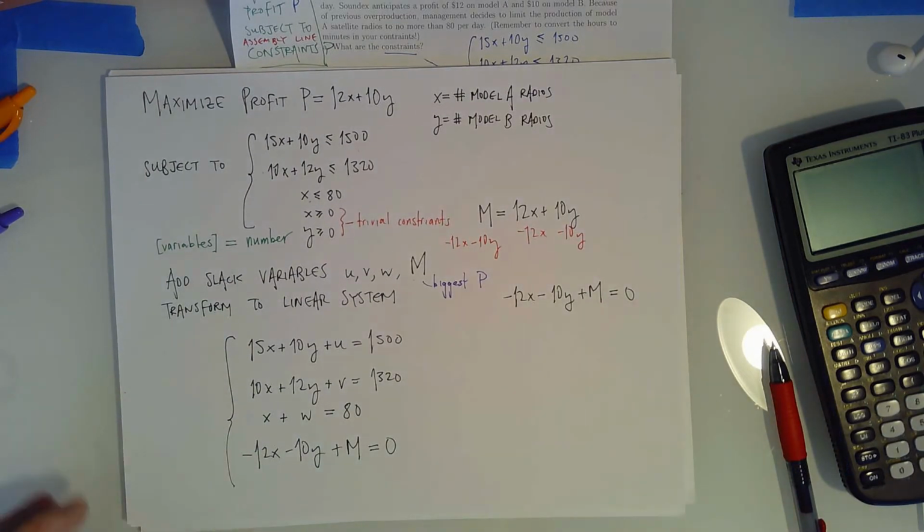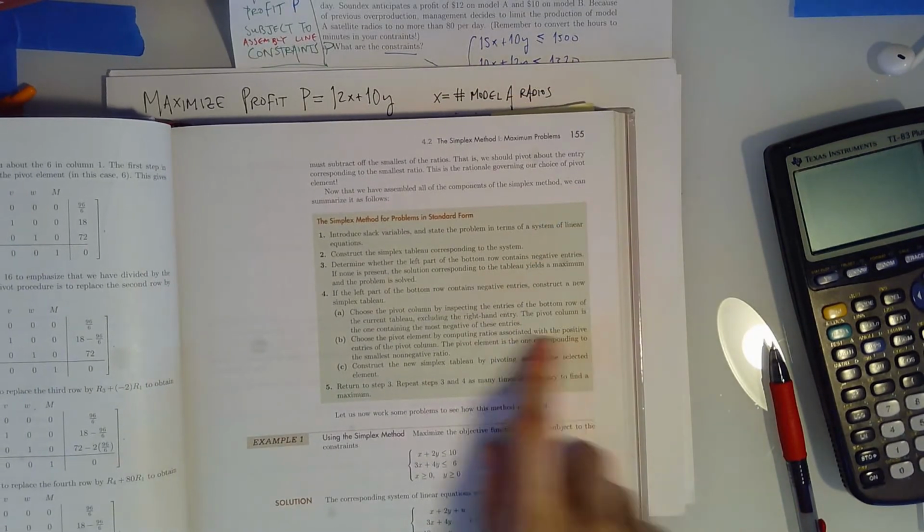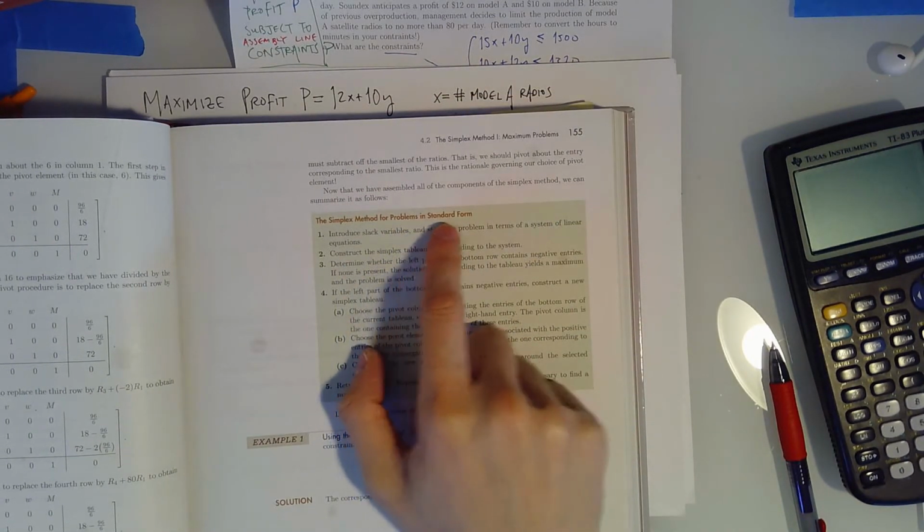By the way, the resource that I'm working out of is in section 4.2, on page 155. It's this green box here, the Simplex Method for Problems in Standard Form.